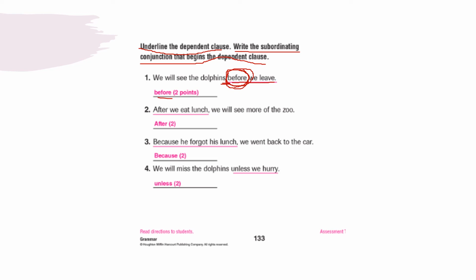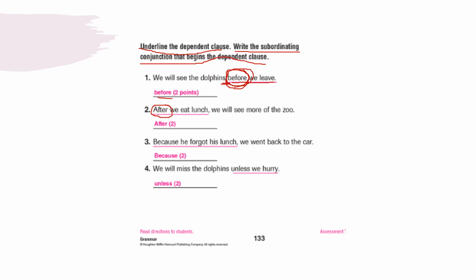Let's move to number 2 to see the difference. Here we said, after we eat lunch, comma, we will see more of the zoo. What is the subordinating conjunction? It is the word after. Where is the dependent clause? After we eat lunch. Here we can see that the dependent clause and the subordinating conjunction are at the beginning of the sentence.